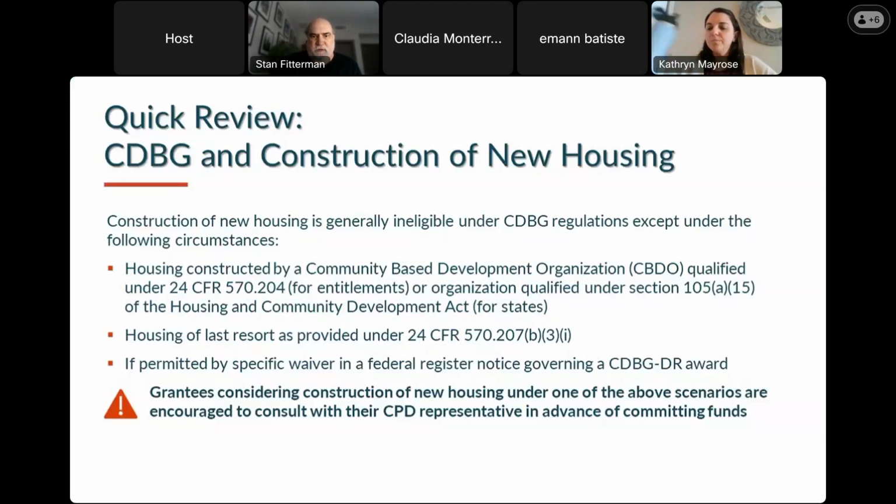Another exception is housing of last resort, as provided under 570.207, which relates to the Uniform Relocation Act. And finally, if permitted by specific waiver in a federal notice, like for disaster recovery, which we get a lot in CDBG-DR. If you're planning to do new construction under any of these bullets, we'd like to encourage you to consult with your CPD rep before doing so and before committing the funds, so that you make sure you're doing everything correctly.